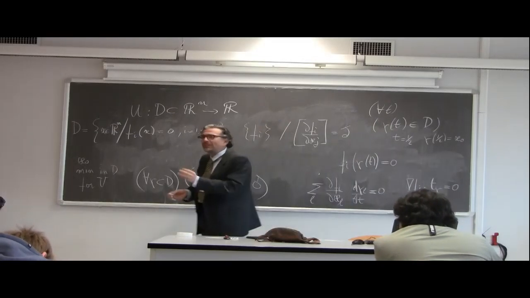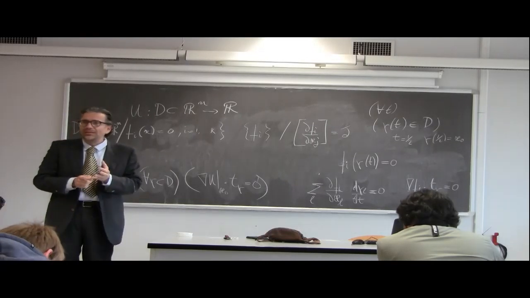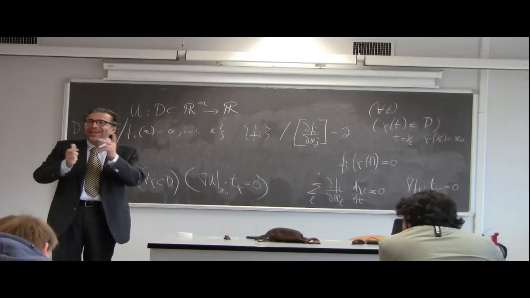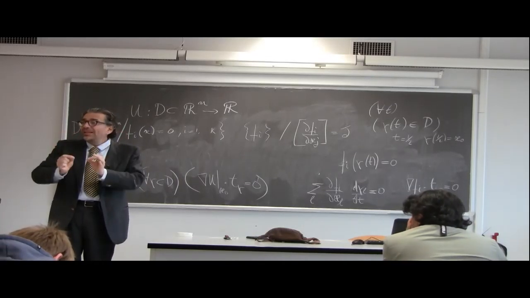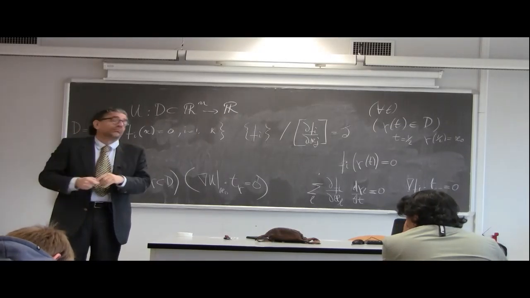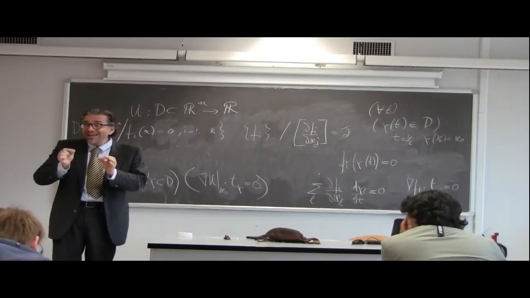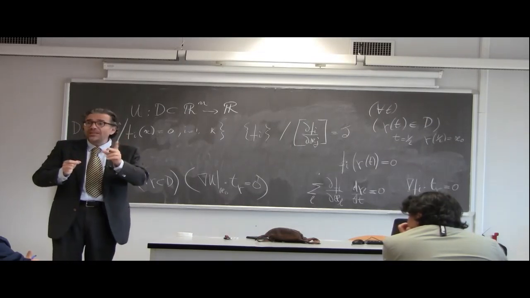Because now we must make a reasoning. Which reasoning do we need? In every point of Rn, you can always find n independent vectors which are pairwise orthogonal.